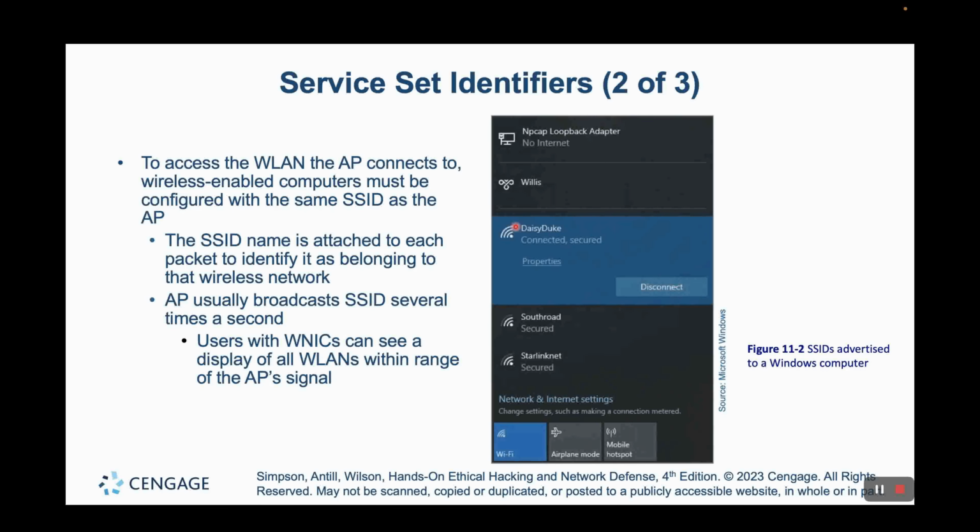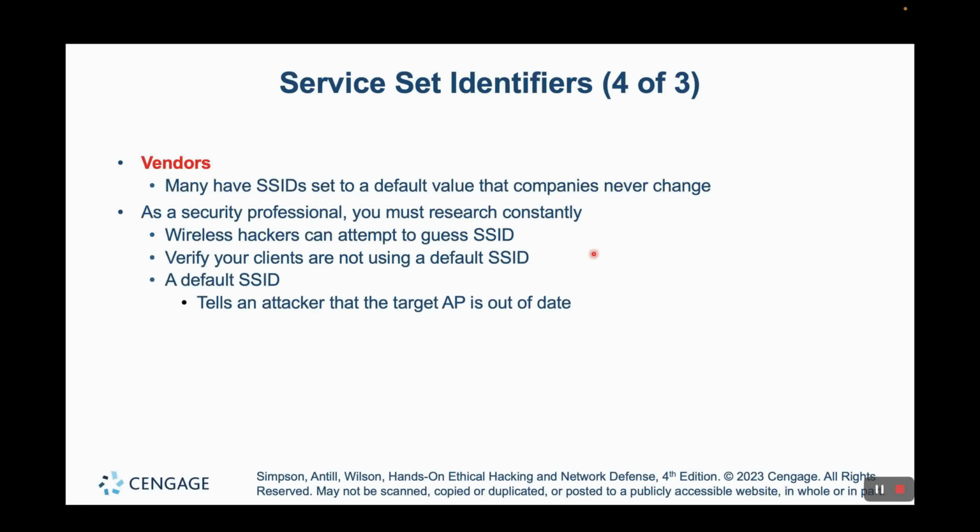In this picture, you could see that to access the wireless LAN, you just have to click connect and type the passcode for it. Here you could see that this access point is broadcasting the SSID several times a second, so your laptop, which has a wireless network card, could connect to it if you have the right passcode.